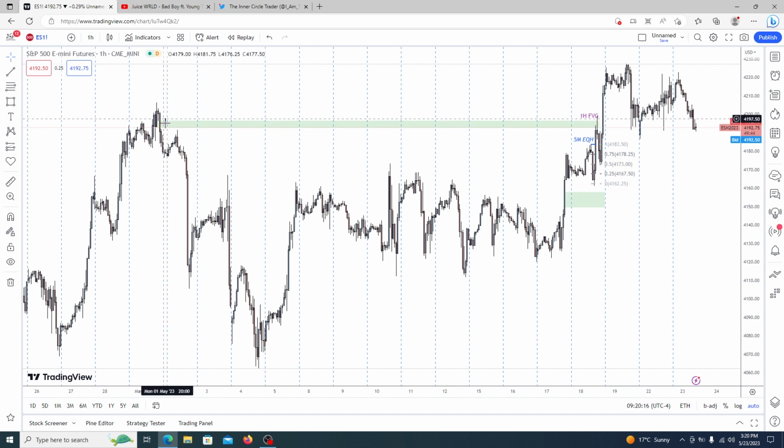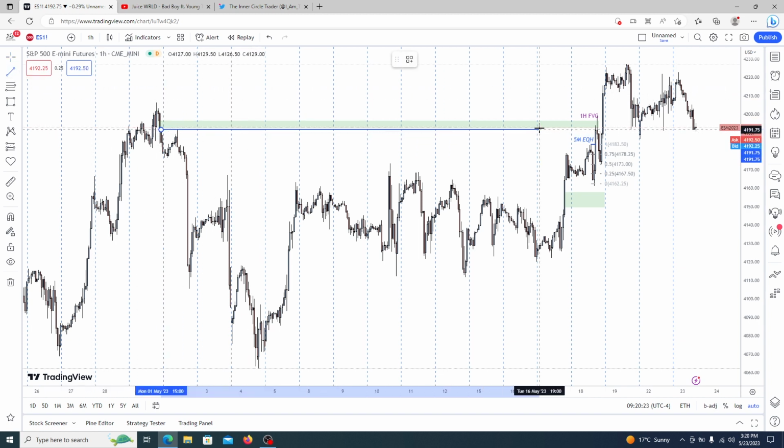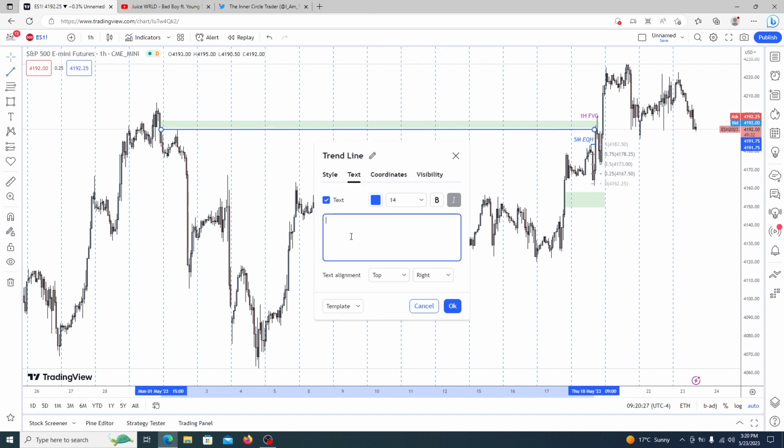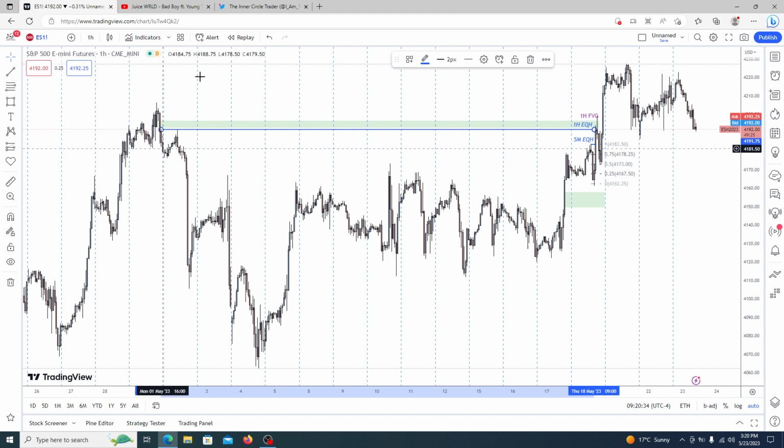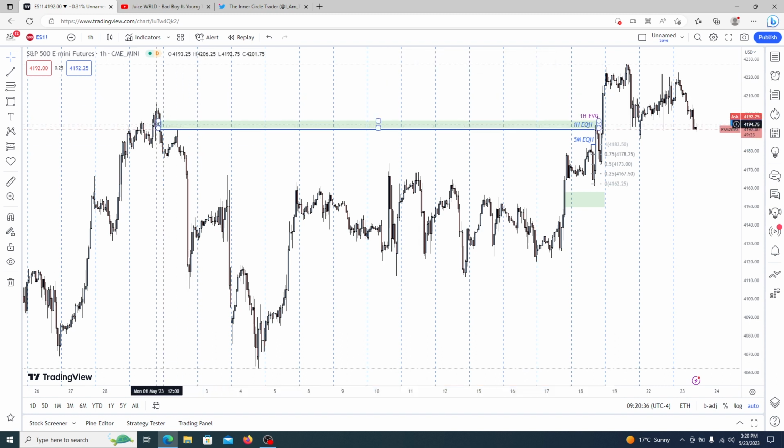So looking at this idea, we would also look at this equal high, equal high. By the way, this would be a SIBI, sell side imbalance, and it's inefficient in its buy side delivery, which we would then expect.